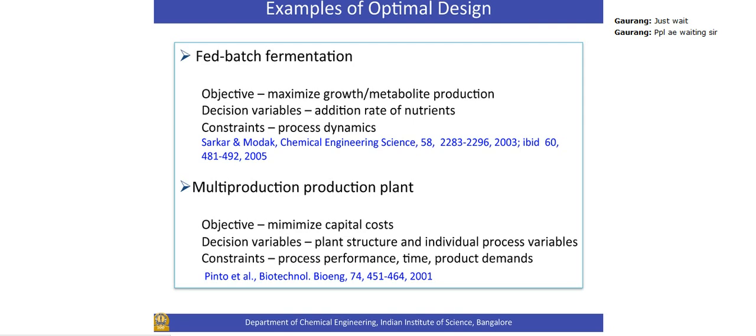Now, what happens for bioprocesses is that it depends on the type of product that we are handling. For example, let's say we are dealing with alcohol, then alcohol is required in huge quantity. So this becomes a classical home project or final year project of designing a 10,000 tons per annum alcohol production or fermentation facility.